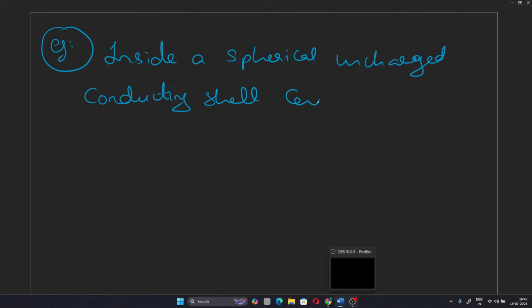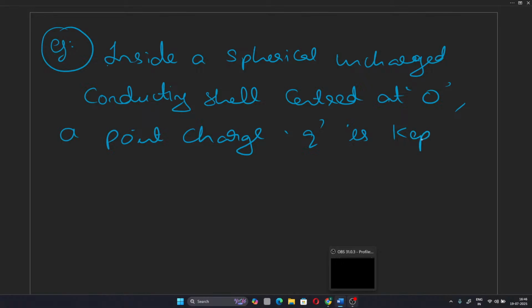Inside a spherical uncharged conducting shell centered at O, a point charge Q is kept such that OA equals d.